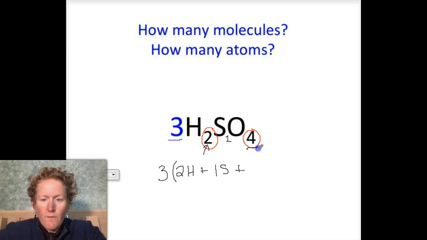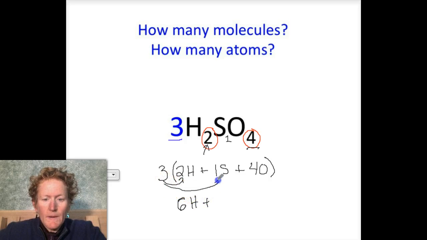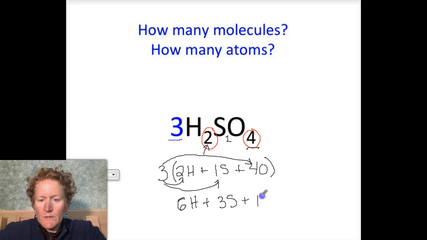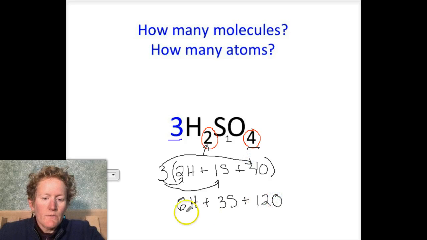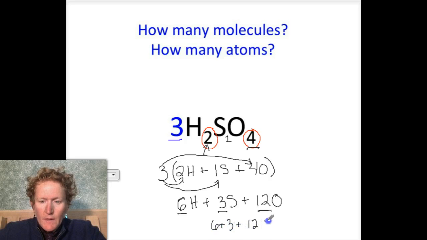And we know we have 4 oxygens. So if we have 3 of these molecules, we have 3 times 2, so that's 6 hydrogens. We have 3 times 1, that's 3 sulfurs. And we have 3 times 4 here, which is 12 oxygens. So if we add all these numbers up, 6 plus 3 is 9, plus 12 is 21 atoms altogether.